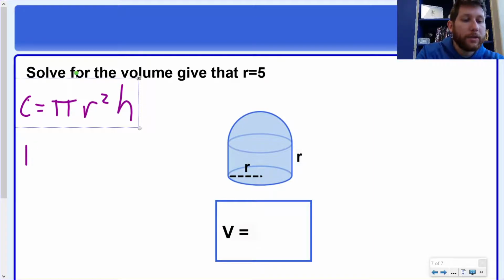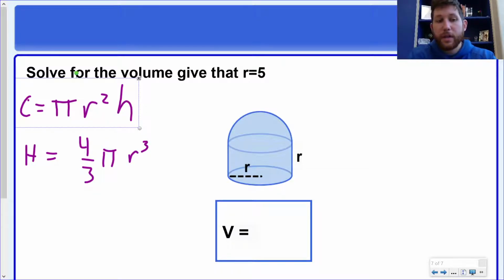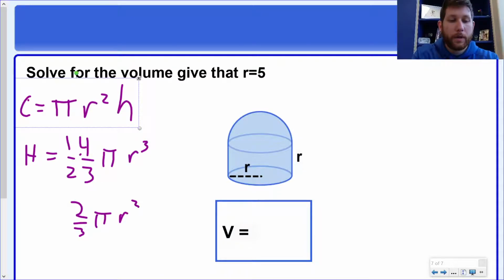And then I'm going to do h for hemisphere. Instead of 4/3, well, it's 4/3 pi r cubed, right? But in this case, I'm only doing half of the sphere, so I'm actually going to do 1/2 times 4/3 pi r cubed. I could rewrite that as 2/3 pi r cubed. Now, let's think about the cylinder formula.